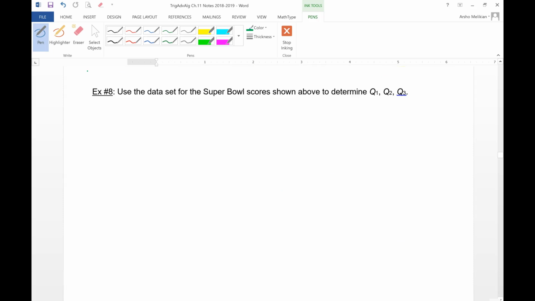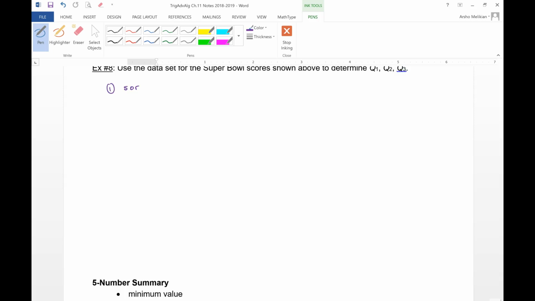And I can help you sort them. We're actually going to do it by hand. So we have to sort this in increasing order first.